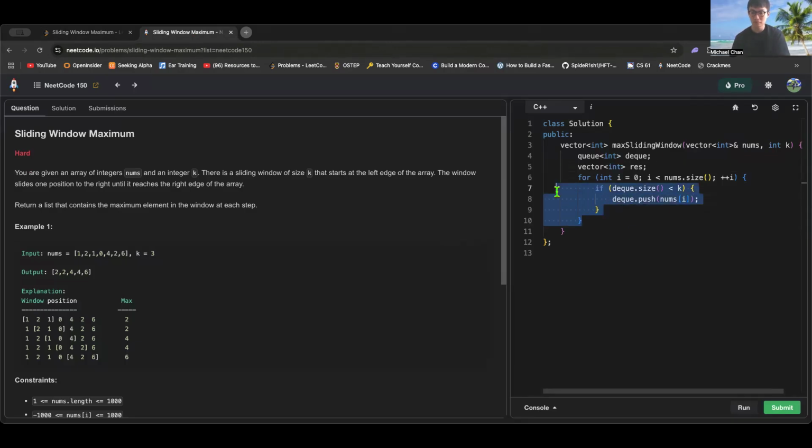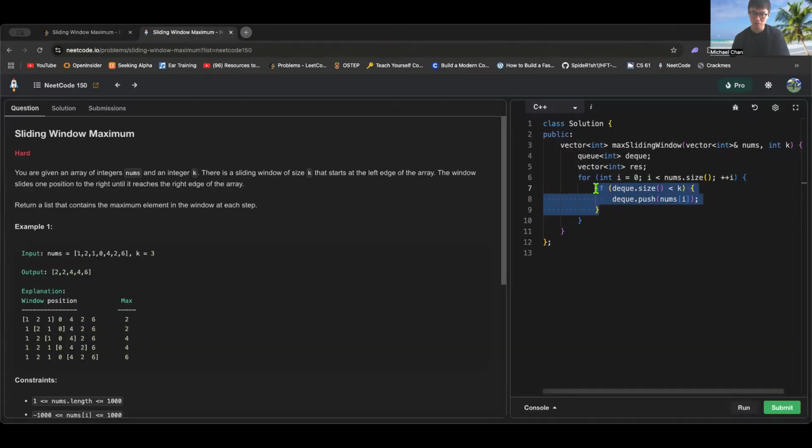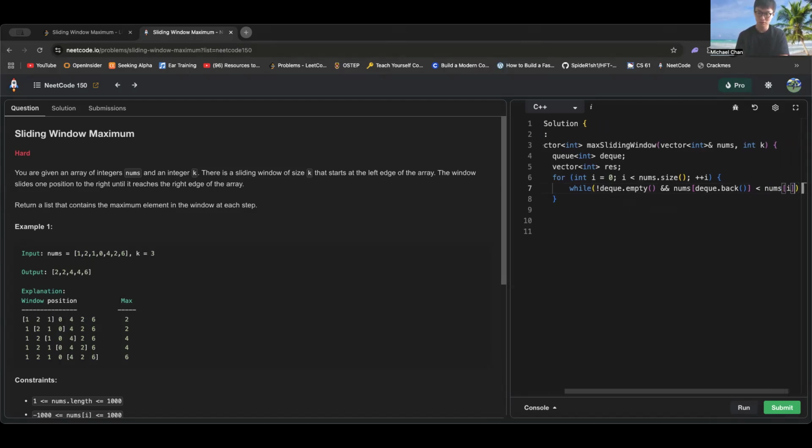And then it was this: while the queue is not empty, and dq dot back, no, and nums dq dot back is smaller than nums i, right?